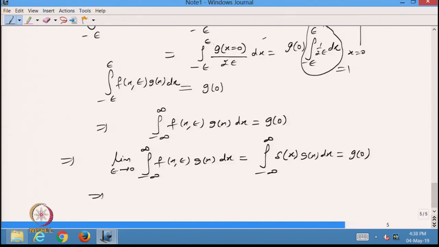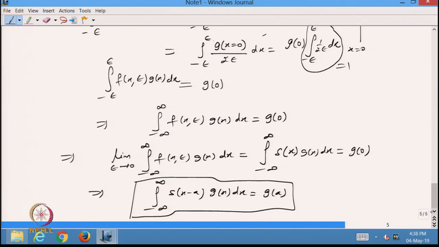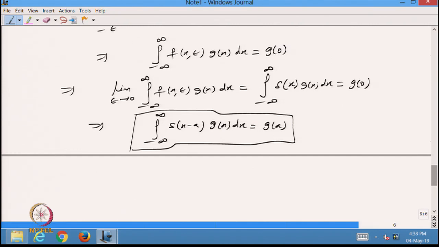So, from here I can say that if I take the integral from minus infinity to infinity of Dirac delta (x minus a) into g(x) dx, in this case this value will be equal to g(a). That is one of the important integral properties of the Dirac delta function, and we are going to use it a lot for defining the Green's function.